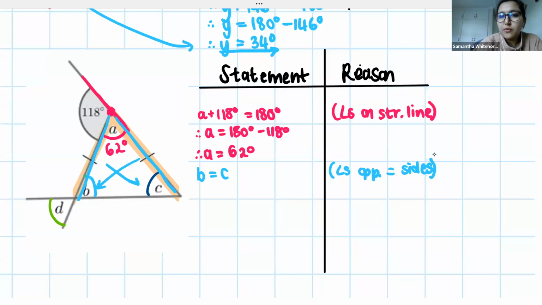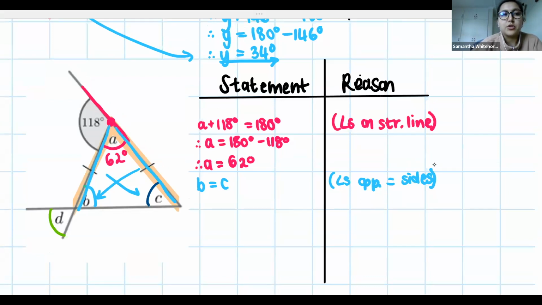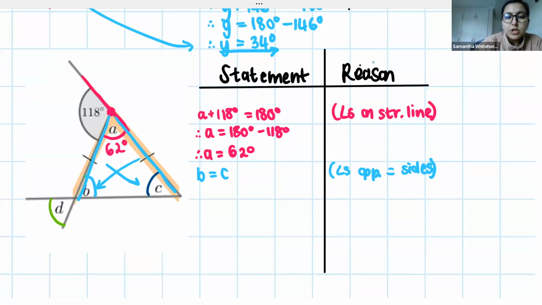Don't leave it off and then risk losing a mark because you didn't give all of your steps in your reasoning. So now that we know B is equal to C, we could change the C to another B because they're exactly the same value. And so what we now know is that B plus B plus 62 degrees must equal 180 degrees because of sum of angles in triangle.